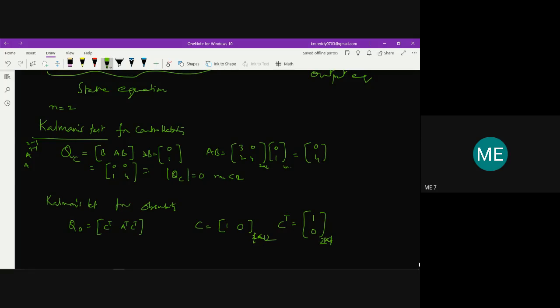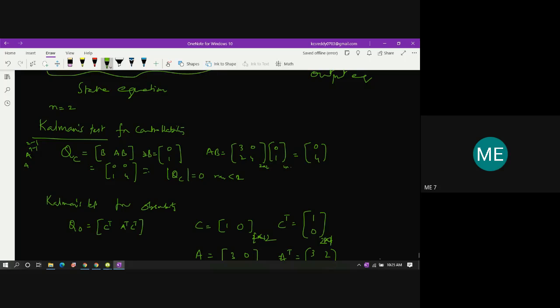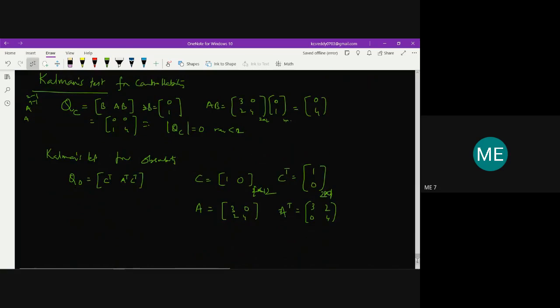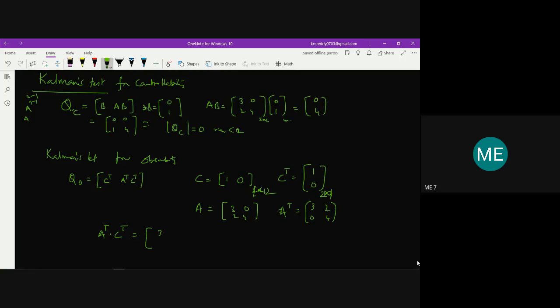Similarly, we need to find A transpose. The A matrix we have is 3, 0, 2, 4. Then A transpose will become 3, 2, 0, 4, meaning rows are written as columns and columns as rows. Now we find A transpose into C transpose, which is 3, 2, 0, 4 into 1, 0.